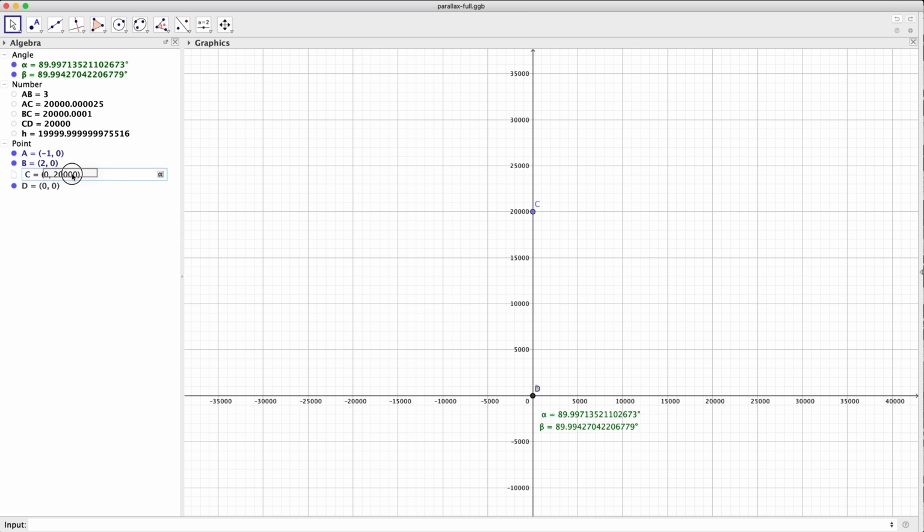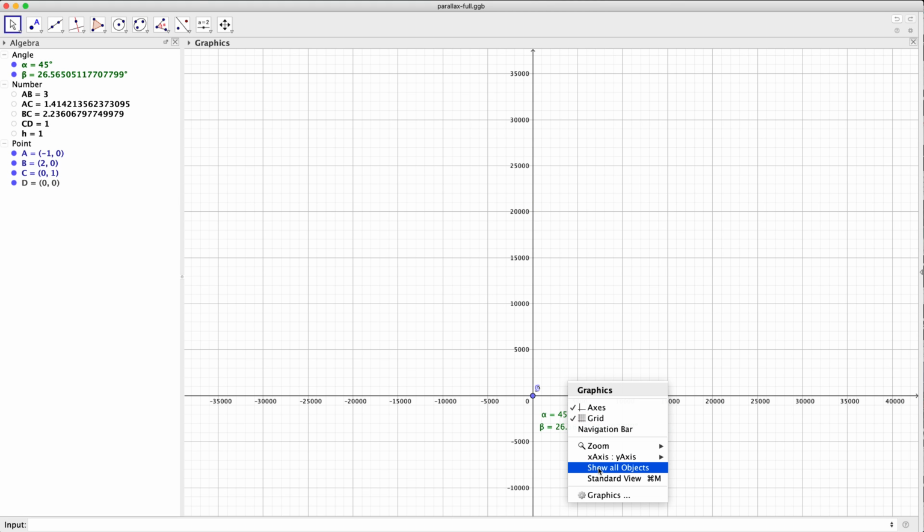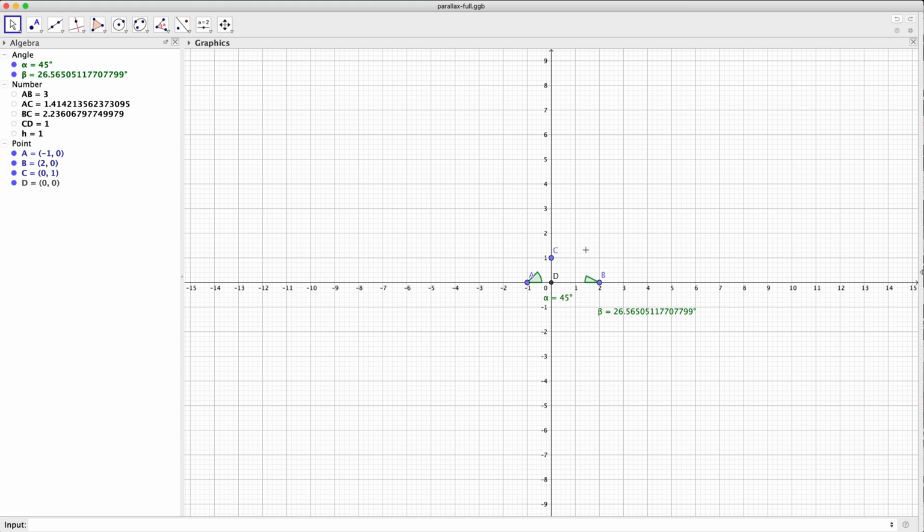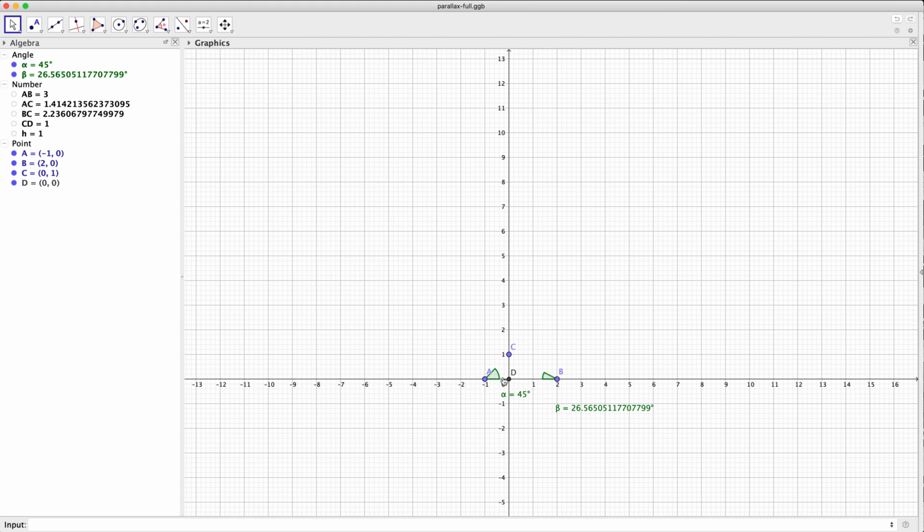So let's go back to the more zoomed in view, standard view. Here we go. And what do we have here? Well, we got these two angles. What if we were to form the angle at C? So let's see.